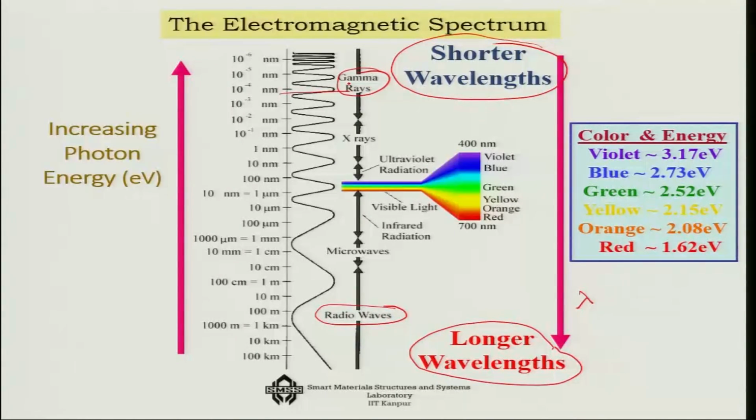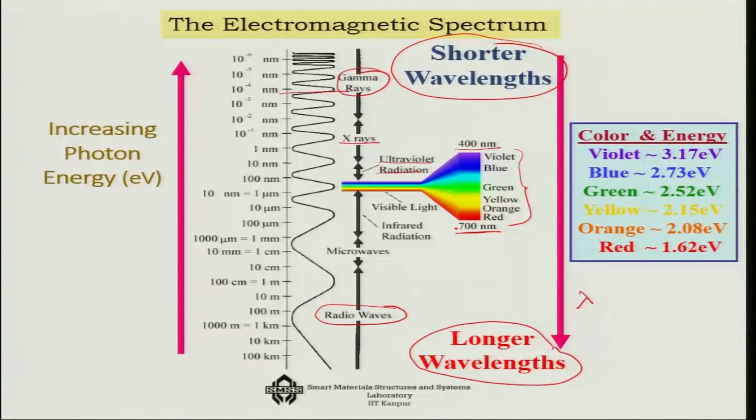Then there are X rays, and then from X rays when the wavelength further increases, we come somewhere in between. You have the ultraviolet radiations, and then we have the entire visible part of the light. In that visible light, where exactly our eyes are also very sensitive, it starts from 400 nanometer of wavelength and it ends at 700 nanometer of wavelength.